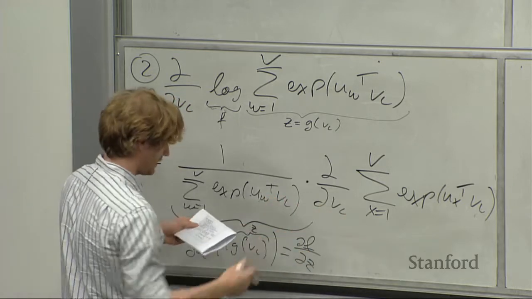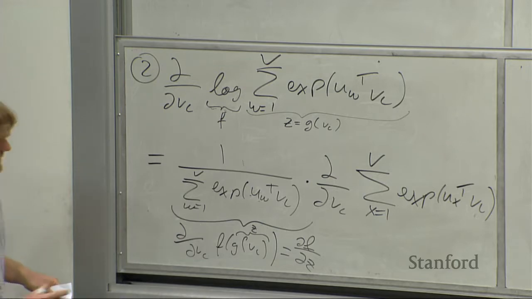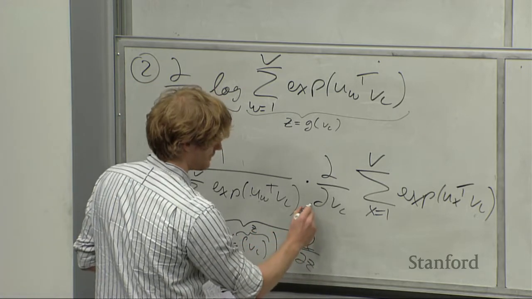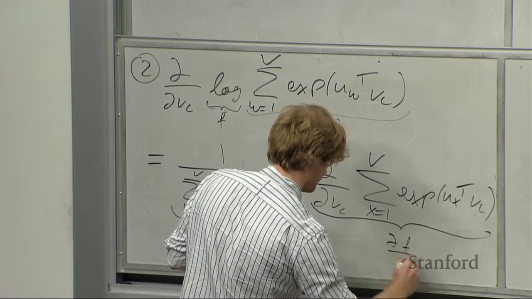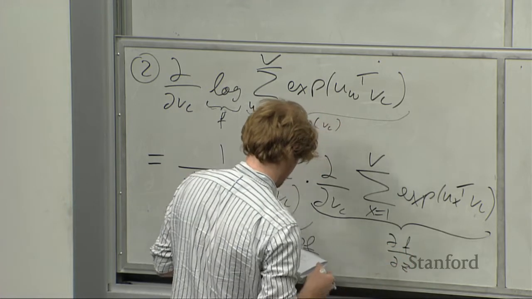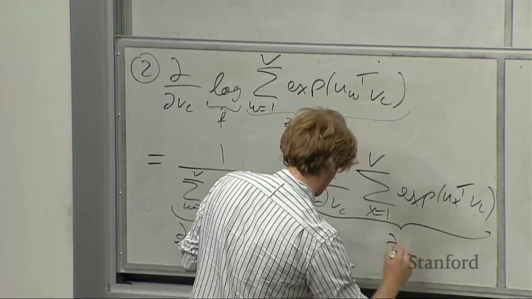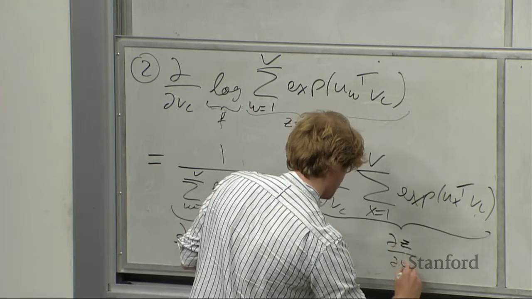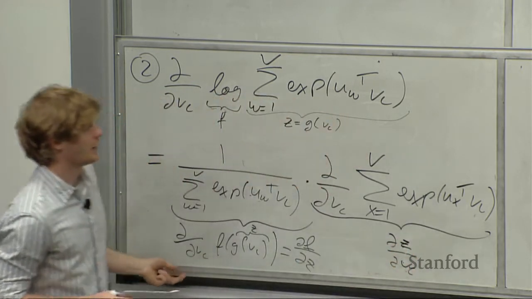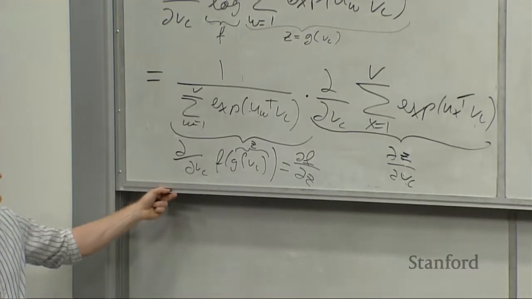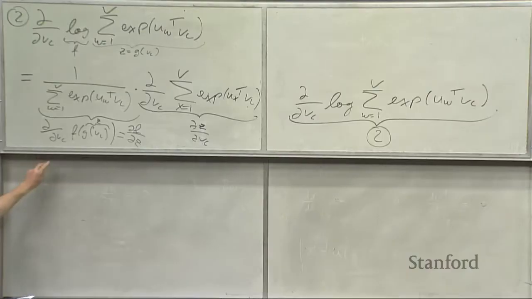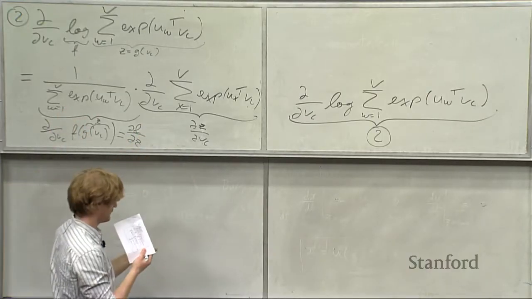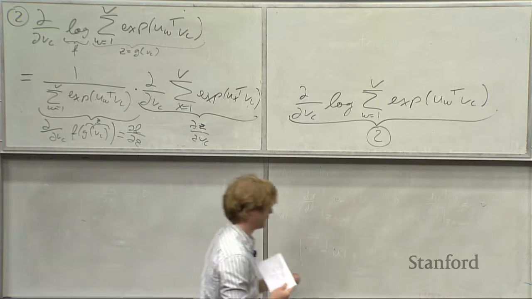And now the second part is the derivative of z with respect to v_c. So now this first part is essentially just a number. We can compute it.